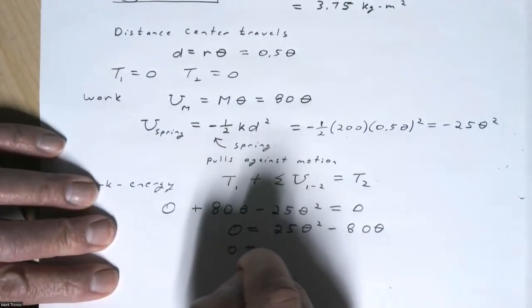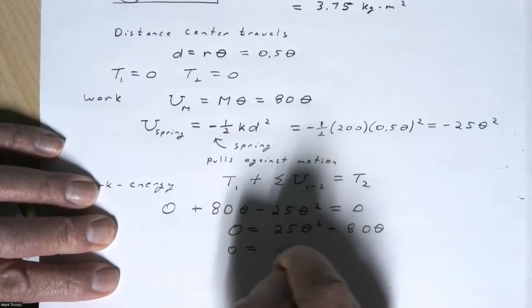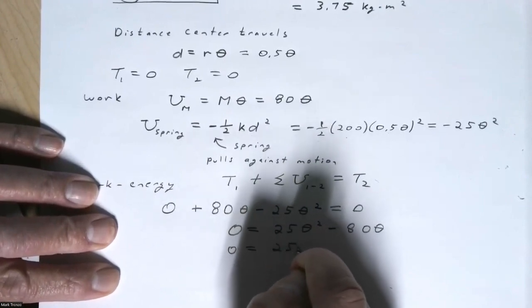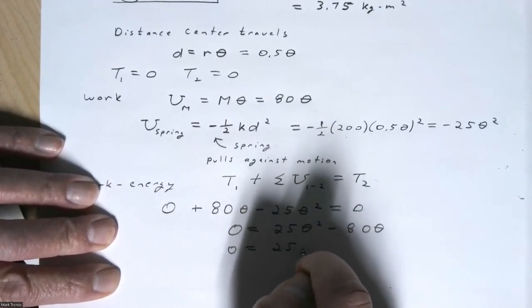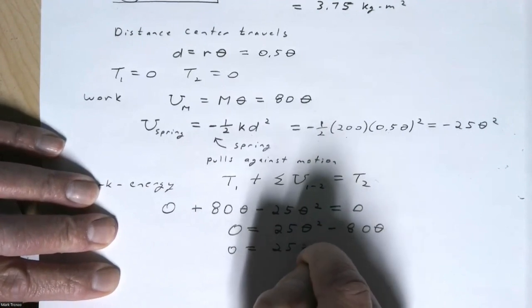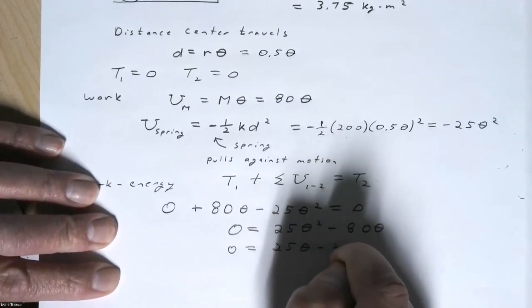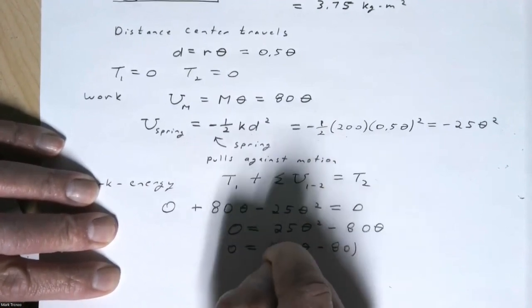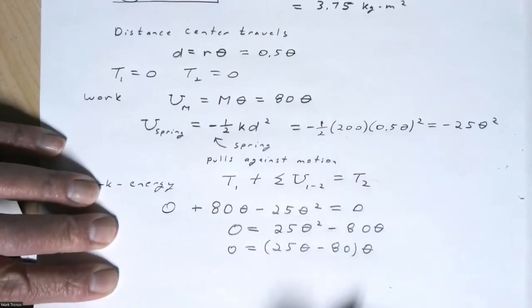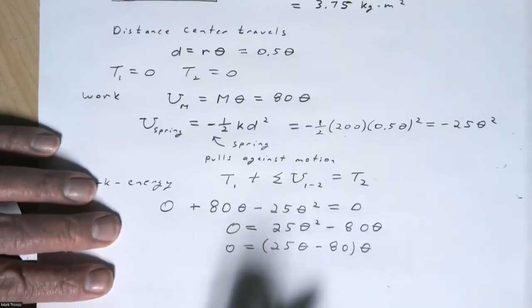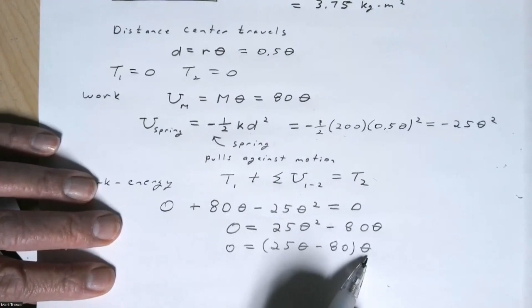So we can solve this by factoring. If we take out theta, we get theta times 25 theta minus 80. And of course, one of the solutions is theta equals 0.